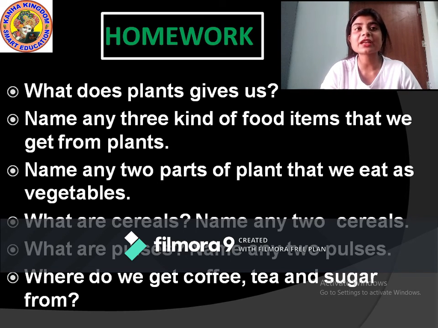Flowers are also eaten as vegetables, like cauliflower and cabbage. So you can write root and stem.